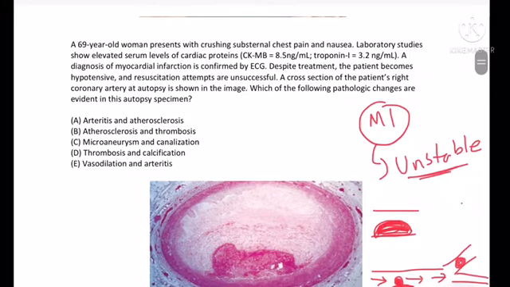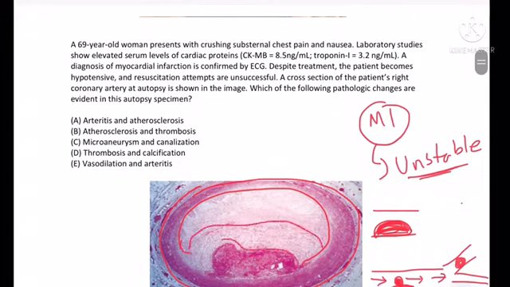In that condition, despite resuscitation and despite giving medical treatment, sometimes the patient undergoes hypotension, MI, and that can cause the death of the patient. In this condition, we can also see that this is a coronary artery, this is the lumen, and the lumen is occluded by a thrombotic plaque and atherosclerotic plaque.